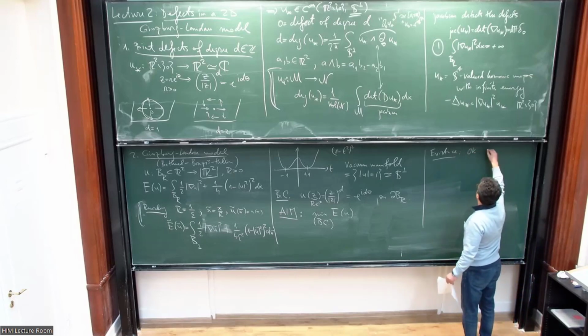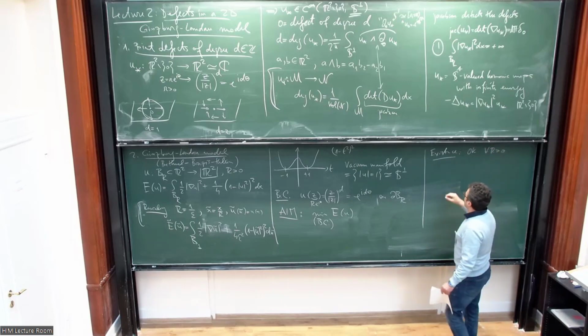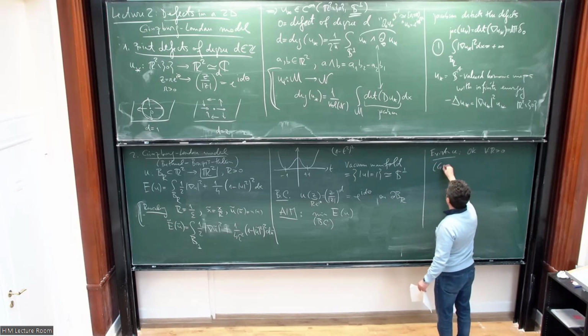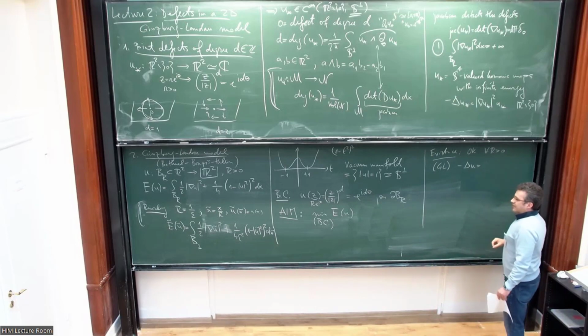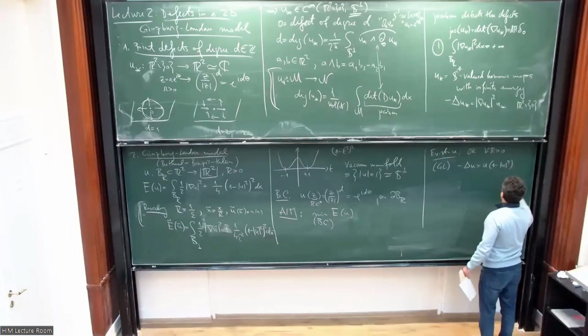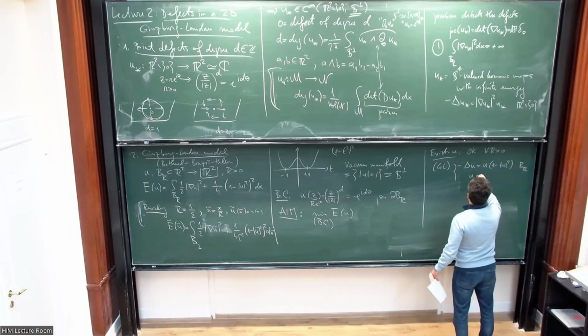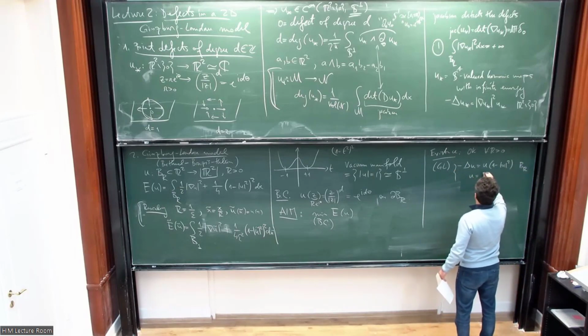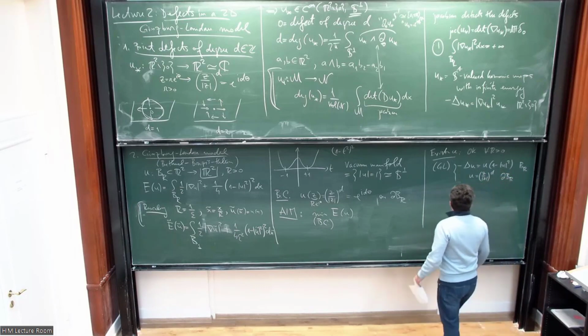This is okay for every R, and the critical point satisfies the PDE given by U, in the ball, and U is equal to e^{i d theta} on the boundary of the ball.